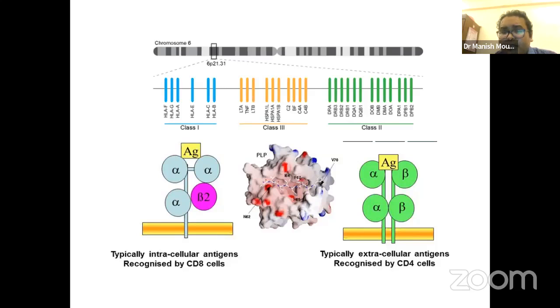Class 2 has a wide range of antigen interaction because the groove is open, so a long chain of epitope can bind with class 2, whereas class 1 is evolutionarily conserved, developed during the course of evolution for restricted antigen binding.